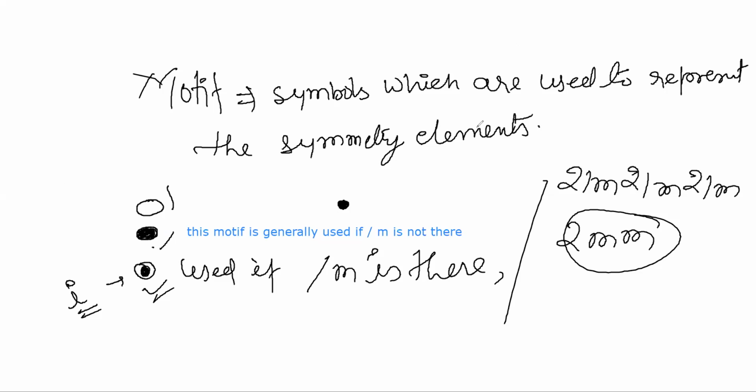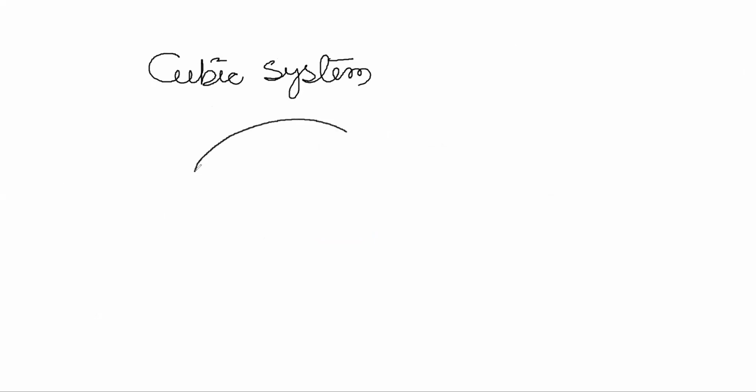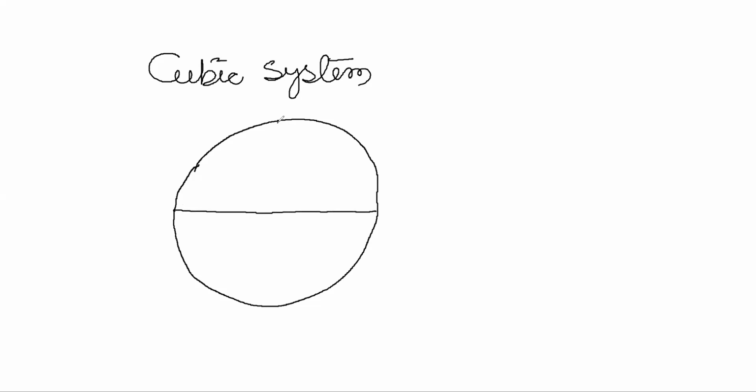So now we'll be seeing the practical. Let's take first the cubic system. How do we draw a cubic system? For cubic system, this is the c-axis like this, and this is the a1 axis always, and this is the a2 axis.